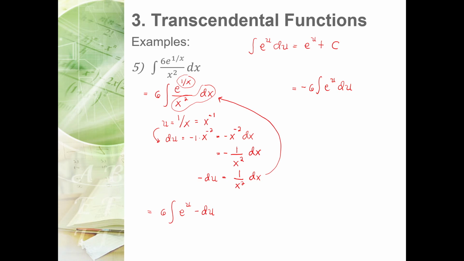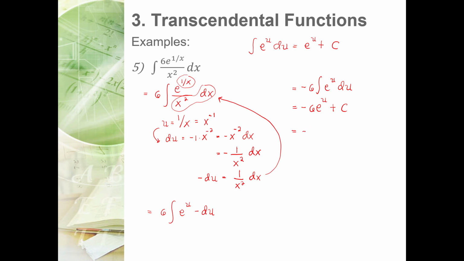Okay, so looking at the formula, it's automatic. So negative 6 times e raised to u plus c. So replace u back in the equation.